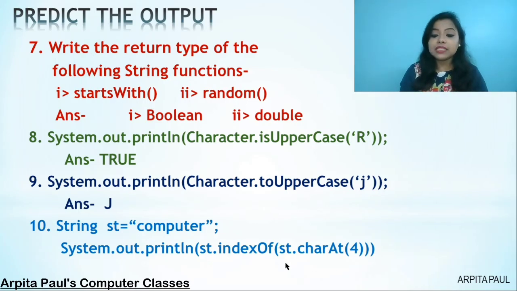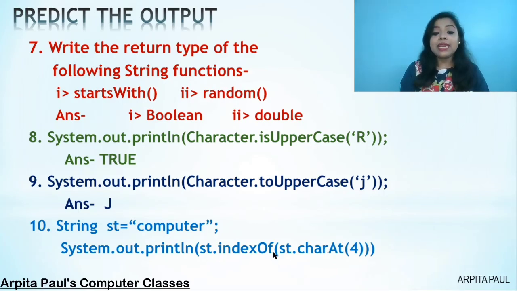First, we execute the part inside the brackets, starting from the right-hand side. st.charAt(4): st contains computer, and charAt will return the character present at the fourth index. Let me show you: 0, 1, 2, 3, 4. So u is the character present at the fourth index.